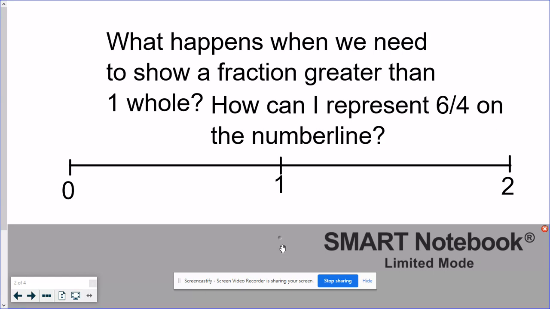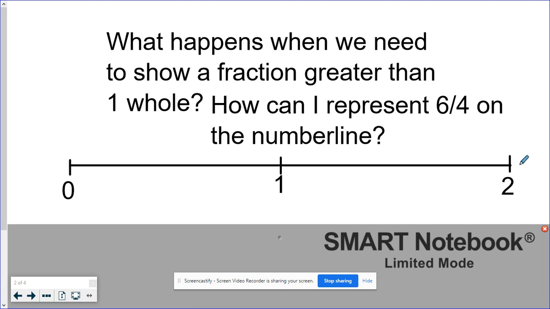When I look at my number line, I can also see that the line goes past 1 whole. I can see from 0 to 1 is a whole, and from 1 to 2 is another whole. So this line actually represents 2 wholes.